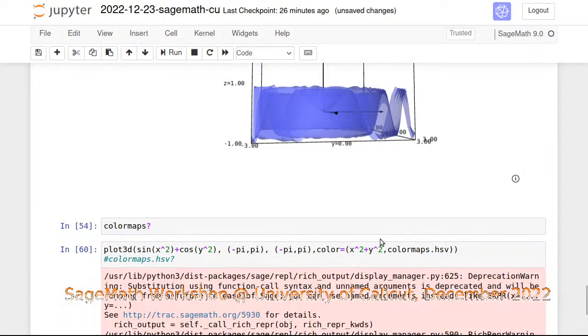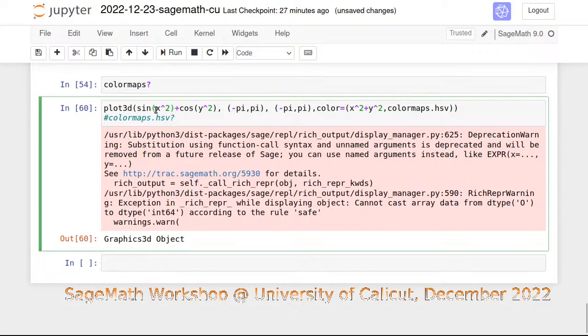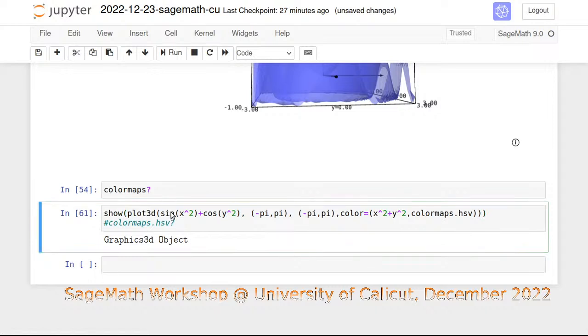I'm just experimenting with this. Probably I need to take it within 1. I think the first parameter needs to be within 1. Therefore, let me just take it to be 0.5 and see if it's working.